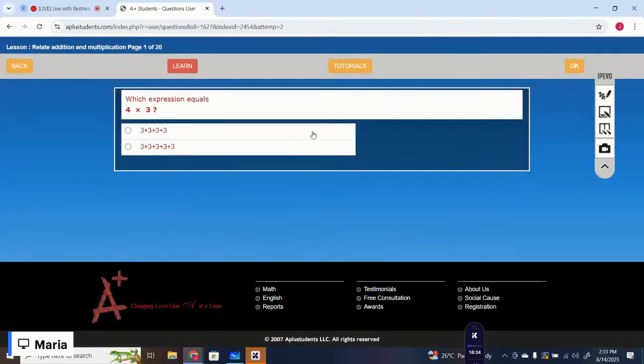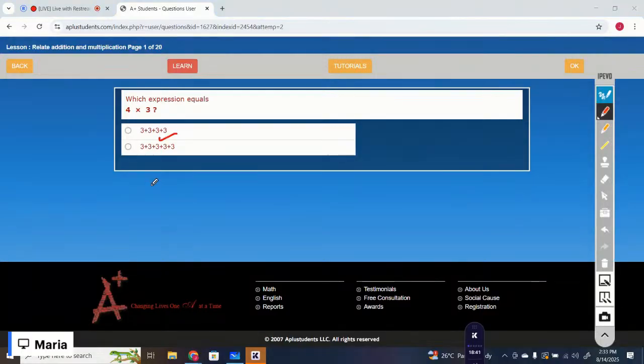Which expression equals 4 times 3? So 4 times 3 means you are adding 3 four times, right?